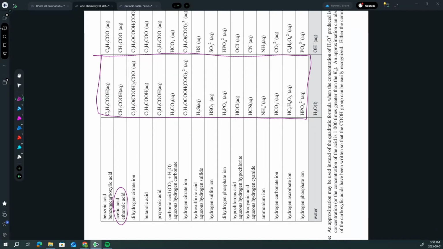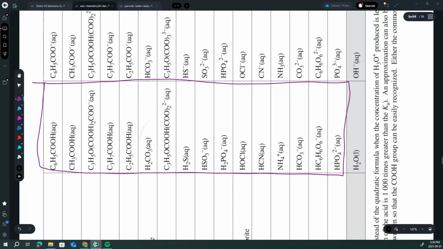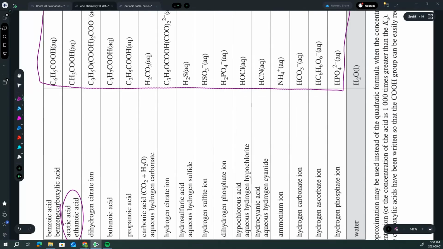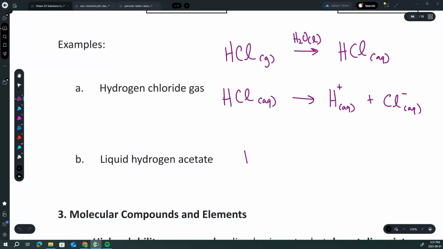Okay, so acetate is just referring to the ion that's right here, whereas hydrogen acetate just means hydrogen and then acetate ion. Okay, so since they specified that it's liquid, we're going to write this and then just put it in the liquid state. So CH3COOH, liquid.